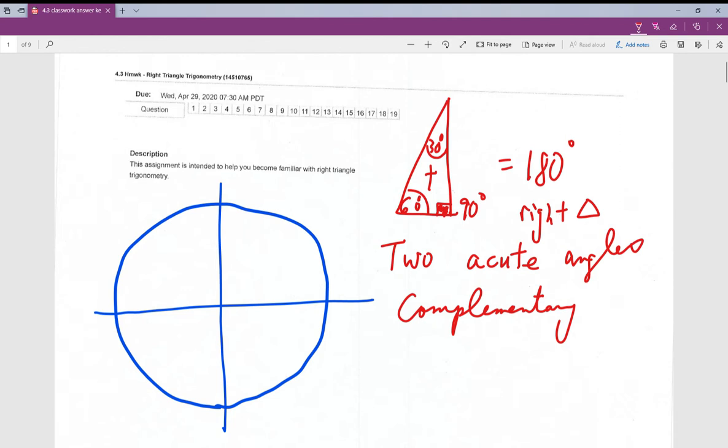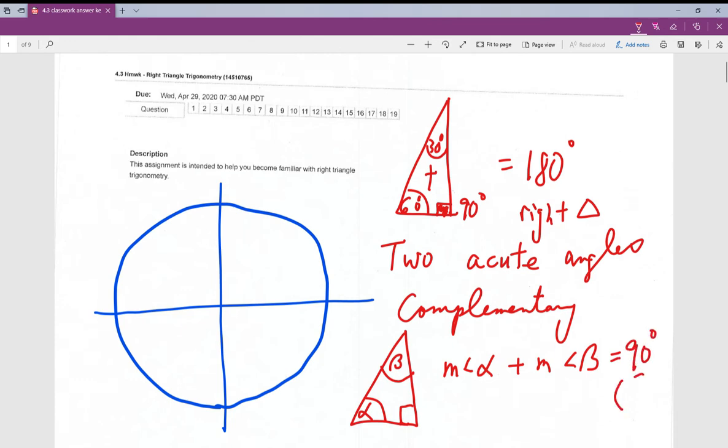So for any right triangle, if you have one angle called alpha and the other angle measure is beta, then the measure of angle alpha plus the measure of angle beta needs to be 90 degrees, or we say pi over 2 radians. So that's a very important concept for the right triangle.